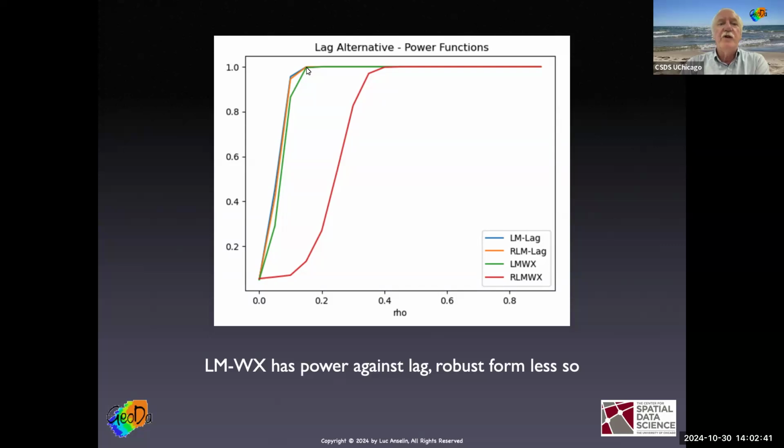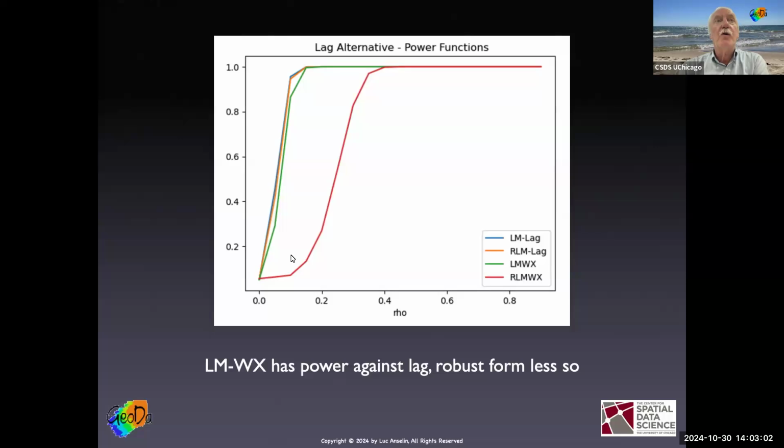model, and you reject the null almost 100% at 0.1 for the spatial lag model. So here again, the SLX test is unreliable because it will tell you it's an SLX model, whereas in fact, it should be a lag model.